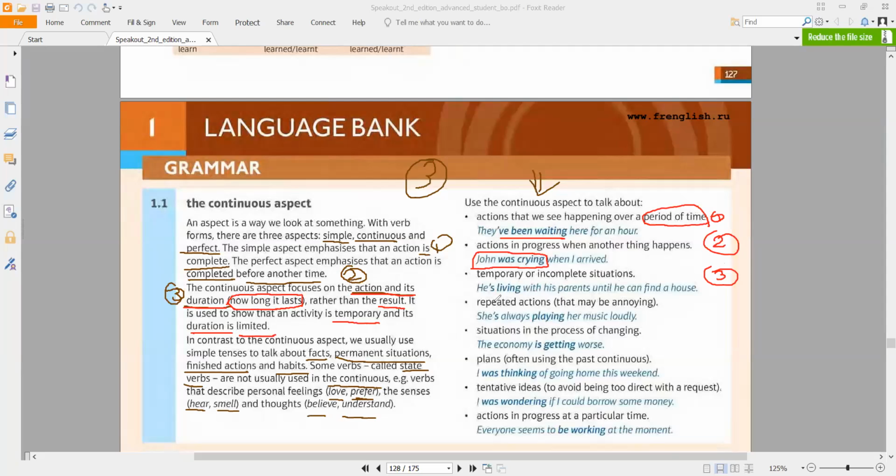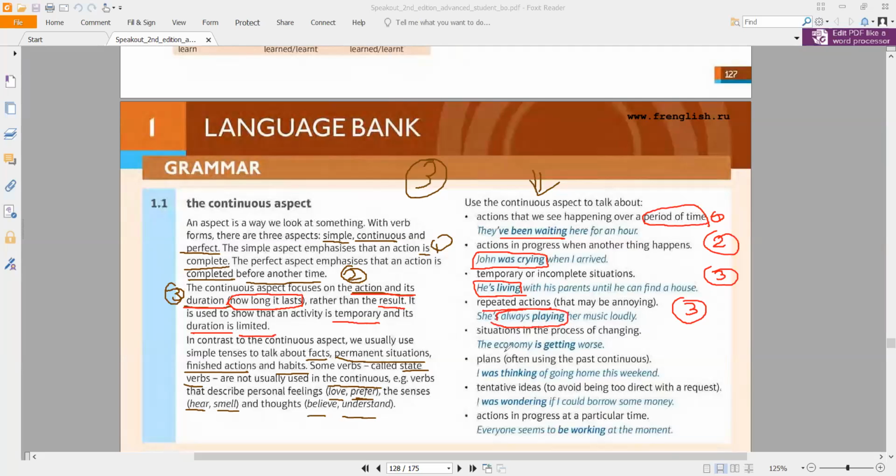He's living with his parents until he can find a house. Repeated actions: he's always playing her music loudly. She's always playing her music loudly. So again, this is the present continuous with repeated actions.